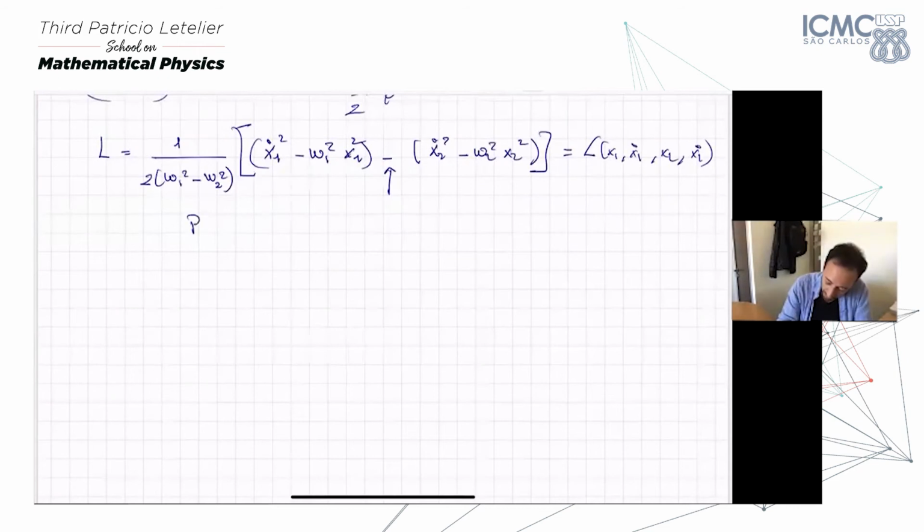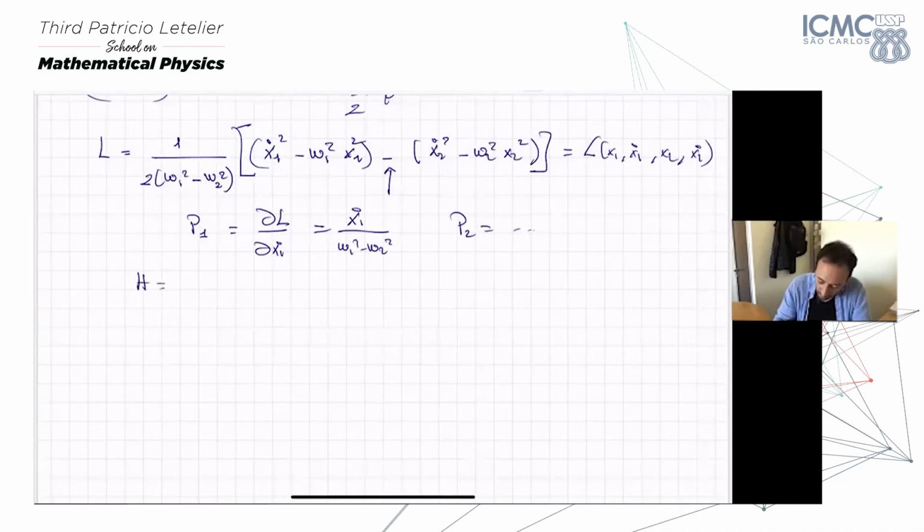So we take the momentum associated to the variable x1, that is x1 dot divided by omega 1 squared minus omega 2 squared. The same for p2, etc. You build the Hamiltonian. Well, they are just, in fact, 2 oscillators. So you will get omega 1 squared minus omega 2 squared divided by 2, p1 squared, plus omega 1 squared divided by 2, omega 1 squared minus omega 2 squared times x1 squared.